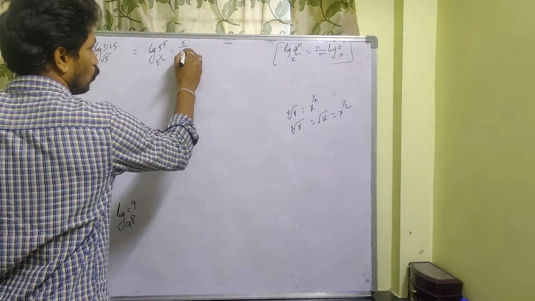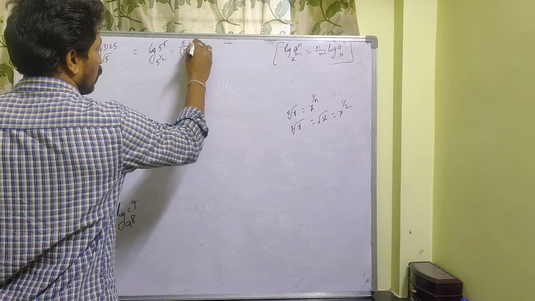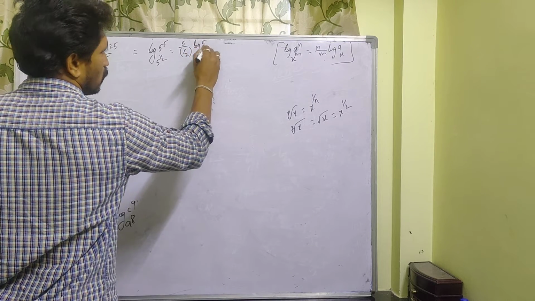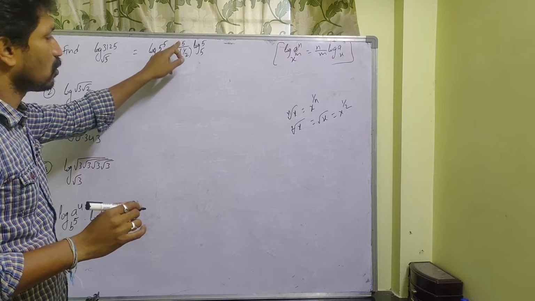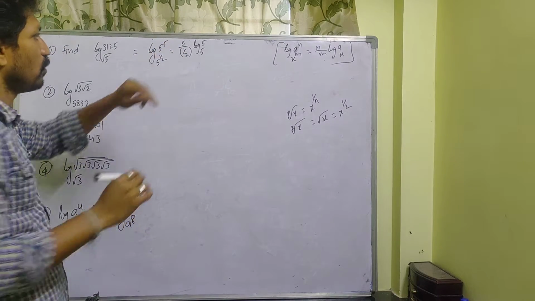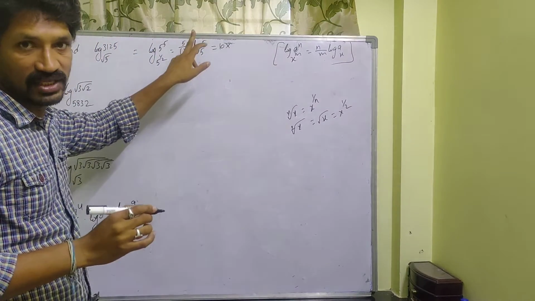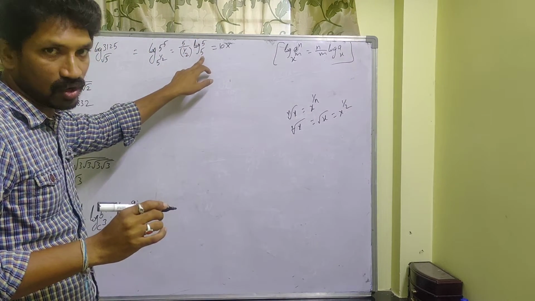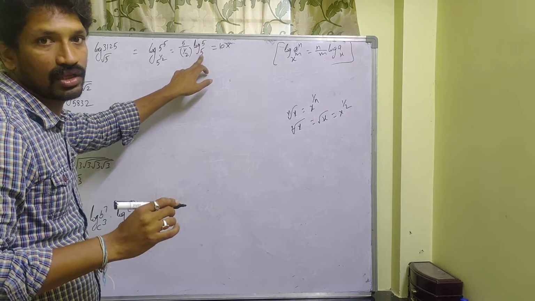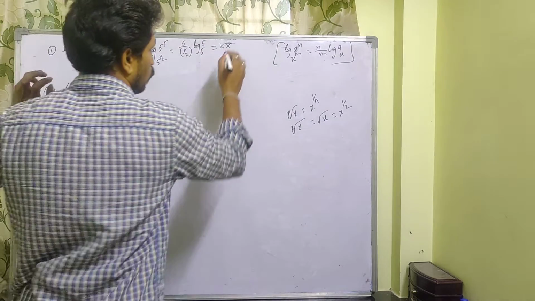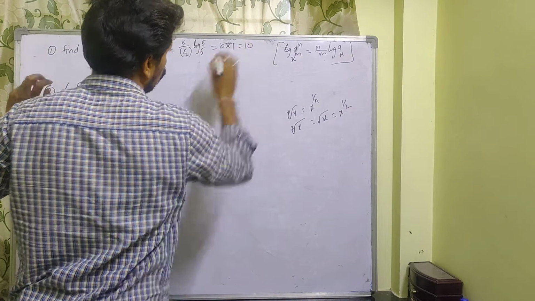That 1 by 2 should be in the denominator with log 5 to the base 5. So this reciprocal will go to the numerator. So 5 into 2, 10 into log a to the base a. Here a not equal to 1. So log 5 to the base 5, that value is equal to 1. That is equal to 10.